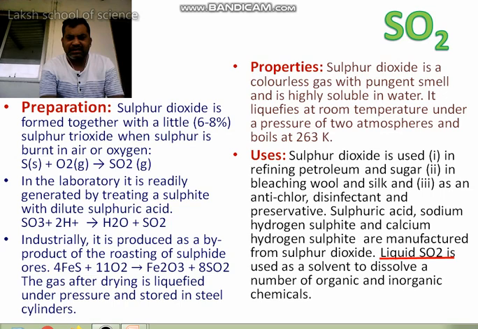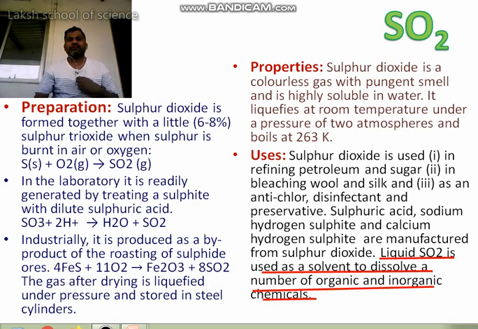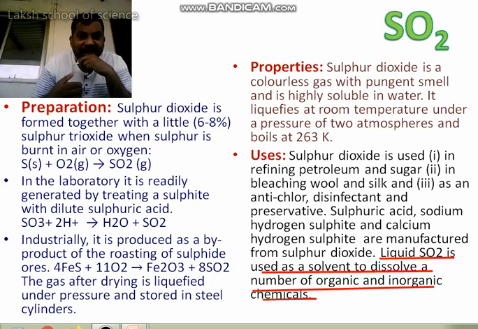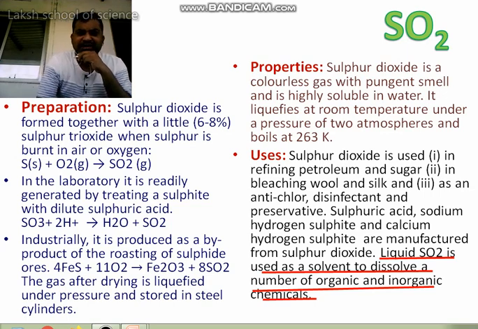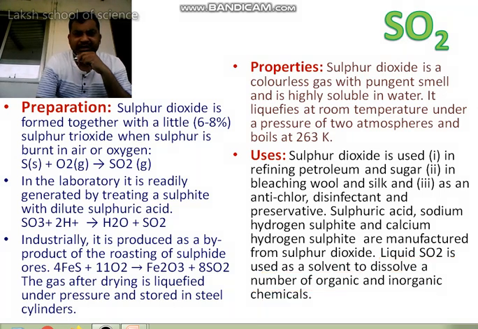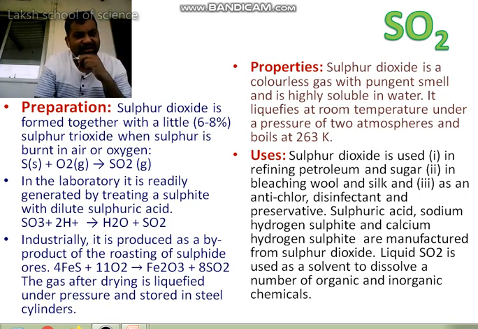Now liquid sulfur dioxide is used as a solvent to dissolve organic or inorganic chemicals. So this is also a very important topic of sulfur, how it can be used. So that is our priority for sulfur dioxide. Now here the topic of uses of sulfur dioxide is completed, and the reactions of sulfur dioxide we are going to study on the board because I am not able to explain these reactions here.